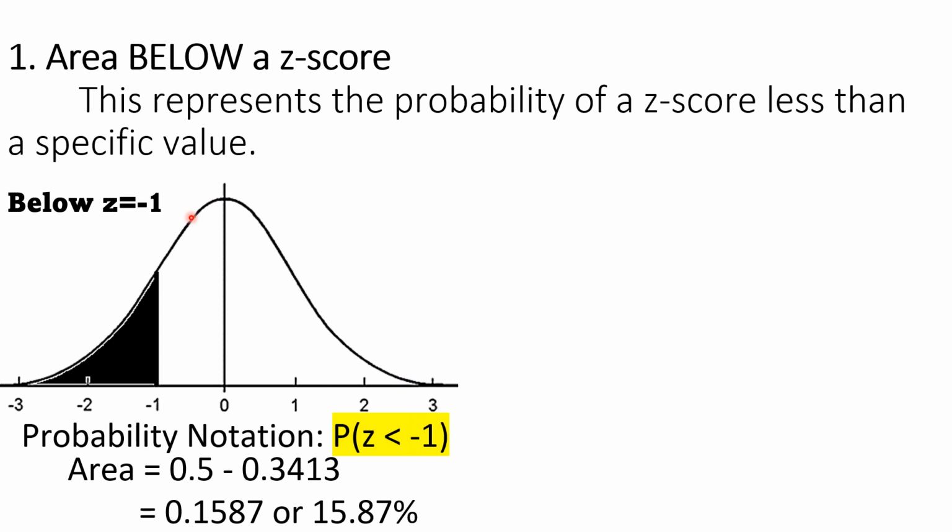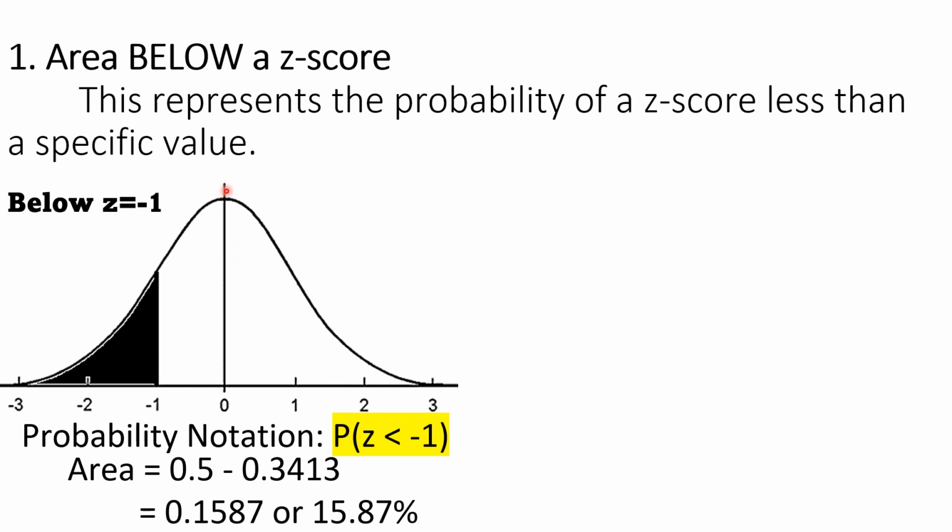And knowing that the area is symmetrical about its mean, this half and this half are equal or congruent. Therefore, if the area of the whole normal curve is 1 or 100%, half of that is 0.5 or 50%. This is 50% and this is 50%.